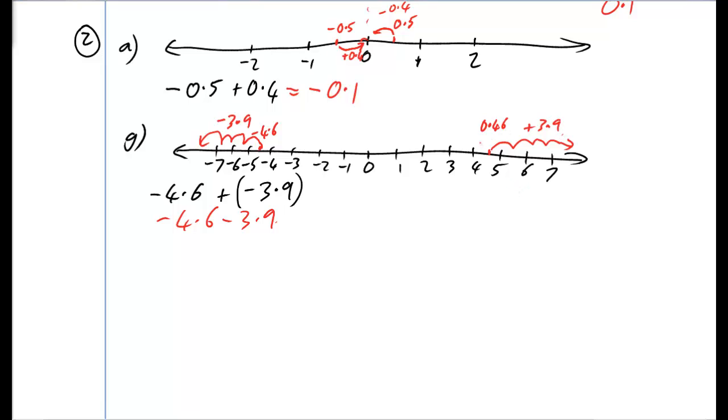Okay, so it's 4.6 plus 3.9. 3.9 plus 4.6. It'll be 6, 3, carry the 1, 4. 8.5. But because it's over this side of the number line, it's actually the opposite of that. So the final answer will equal negative 8.5.